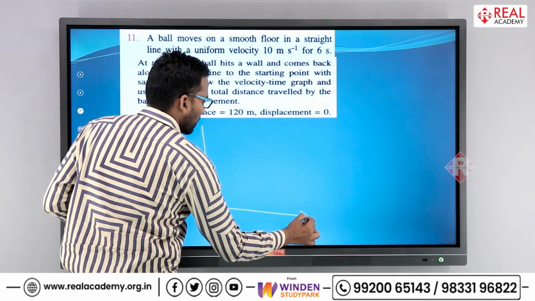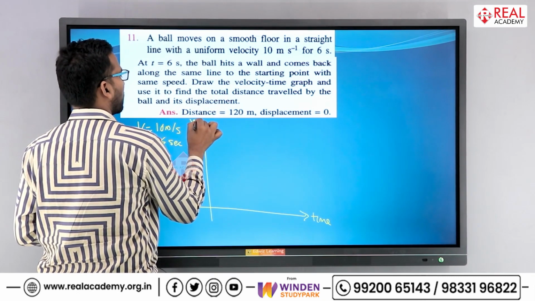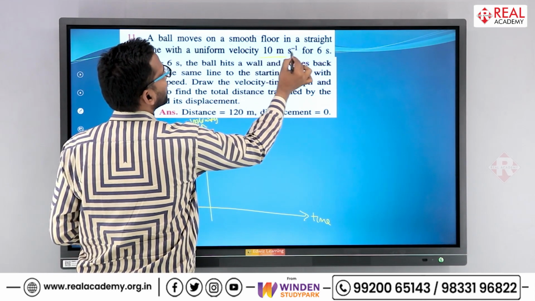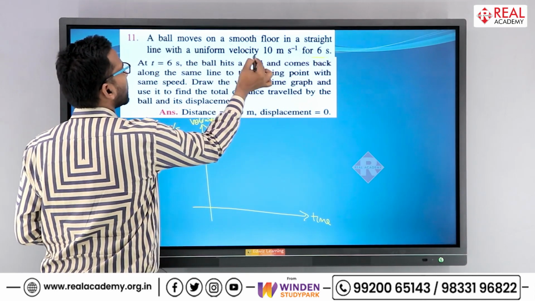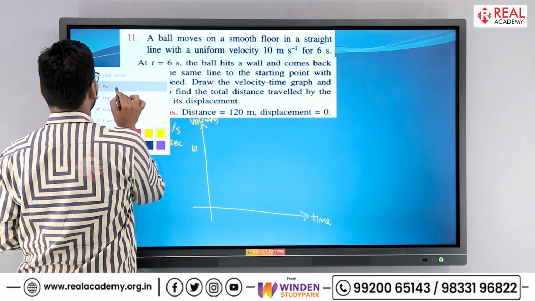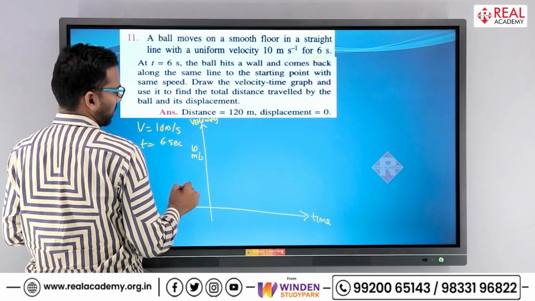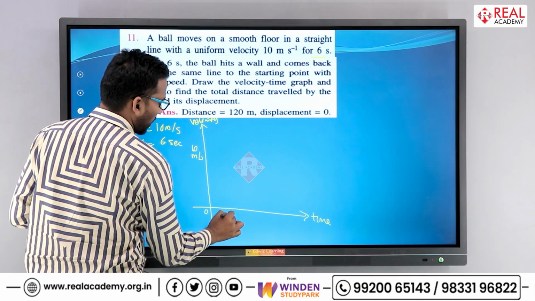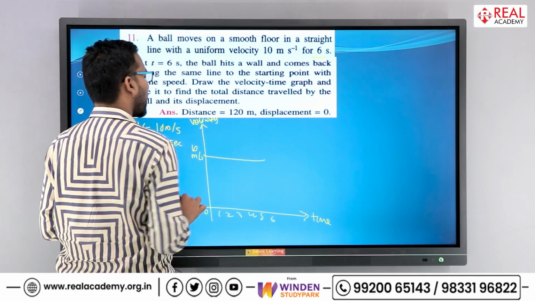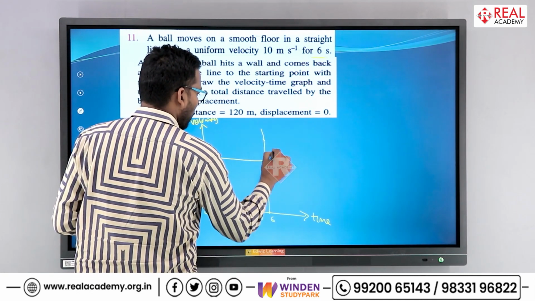Very easy. Let us take time over here and velocity on the y-axis. So for 10 meter per second for 6 seconds, it is a uniform velocity. That means for 6 seconds, 0, 1, 2, 3, 4, 5, 6, the velocity is constant and it is striking the wall.